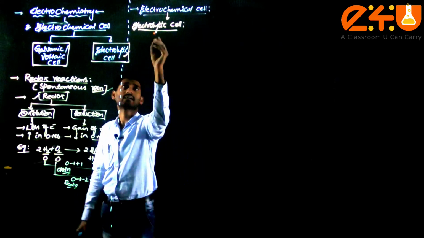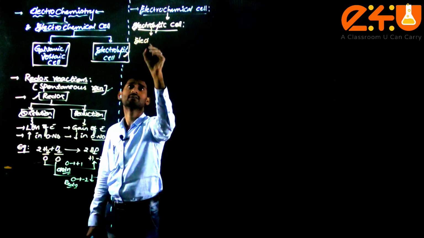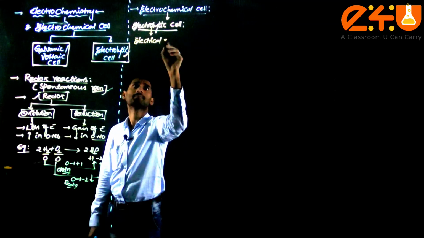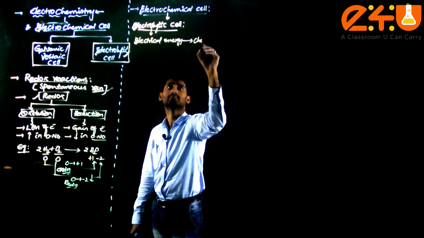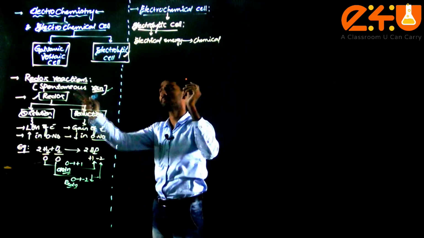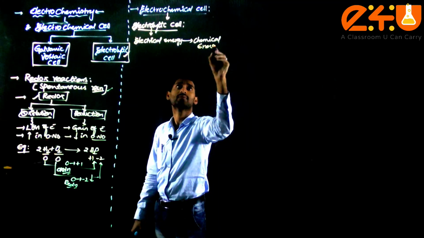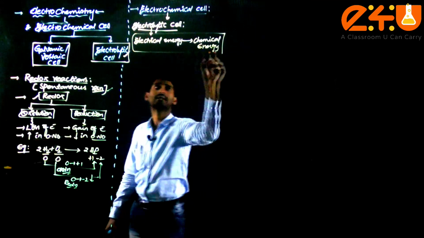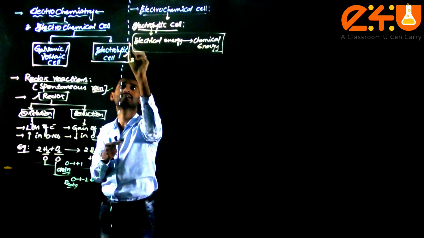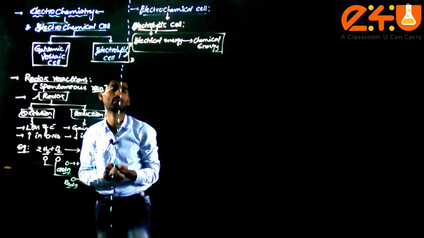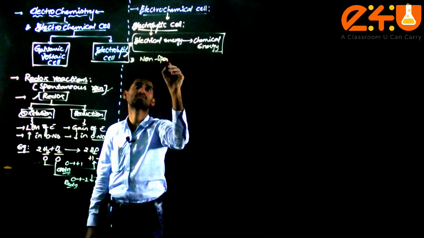In the electrolytic cell, electrical energy is converted into chemical energy. Very, very important, dear students, I am giving the point of difference. This is point number 1. Point number 2: the reactions that take place are non-spontaneous reactions.